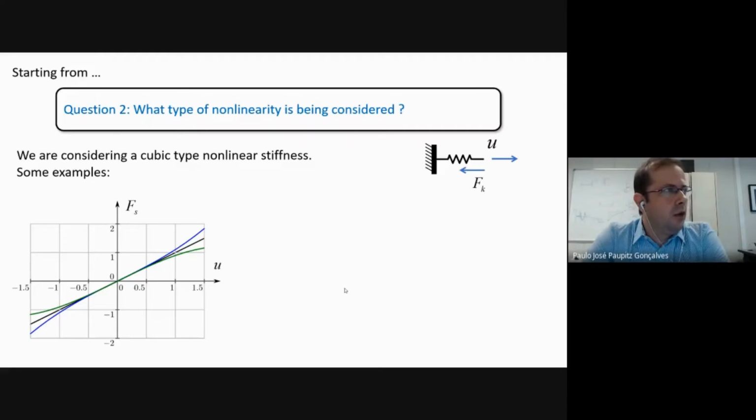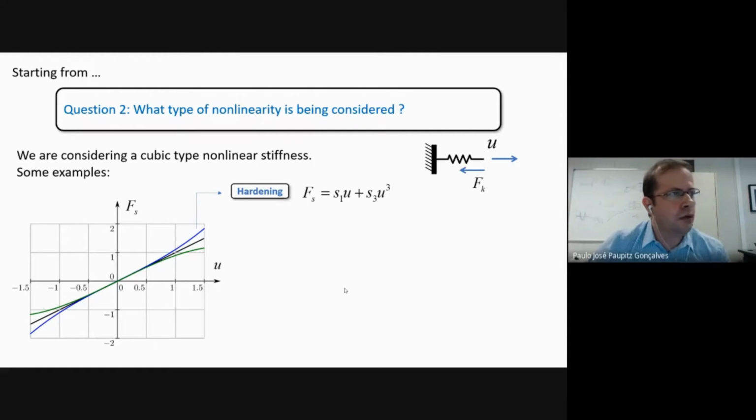We are looking only at nonlinear stiffness, which could be of these three types here. It could be a hardening type of stiffness, and we can use a polynomial to represent the restoring force. So in this case, we have a linear part here. So this is a linear coefficient, and U is the displacement.